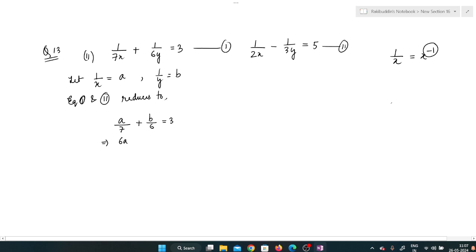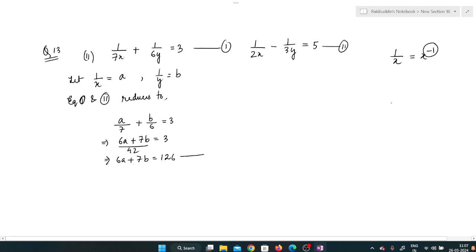So it will be 6a plus 7b by 42 equals 3. So 6a plus 7b will be 3 multiplied by 42, that is 126.